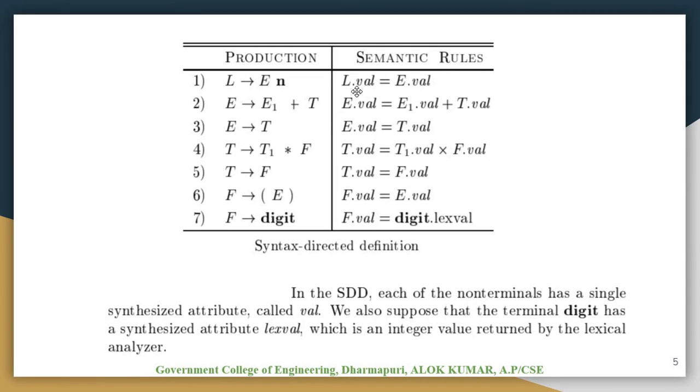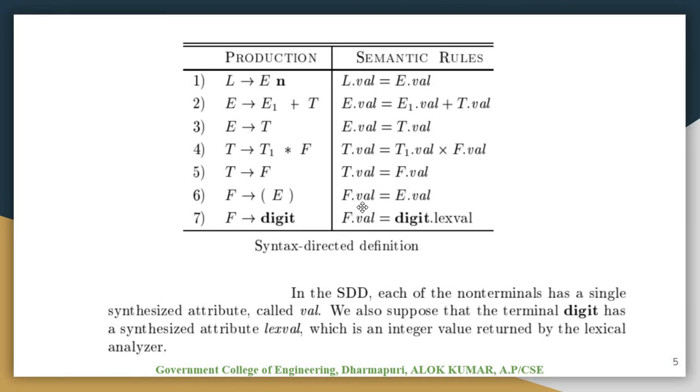The semantic rule we write is L.val equals E.val, and E generating E plus T gives E.val equals E1.val plus T.val. The third production rule is E generating T, so E.val equals T.val, where val is an attribute of both E and T. T is generating T1 asterisk F, so the semantic rule is T.val equals T1.val times F.val.